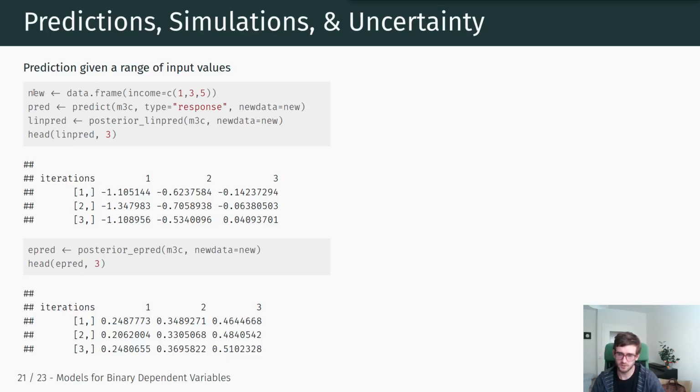We can do this just by specifying different or additional observations in our data frame that we use for either predict, posterior linpred, or posterior epred. The same rules apply. We just, rather than getting one column of probabilities or one column of linear predictors, now get multiple columns corresponding to each of those different values that we set in our new data frame.